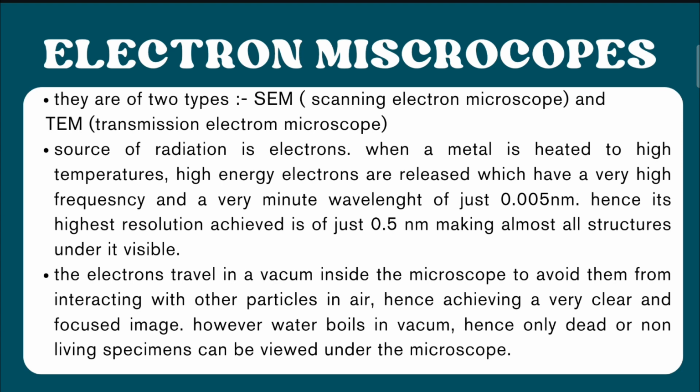Imagine we were using light microscopes, and the light microscope's maximum resolution was 200 nanometers. Over here, it's just 0.5 nanometers. Alright, that's 400 times more than the resolution that was achieved through a light microscope. So this is very helpful when you're viewing details, and almost every other organelle that is present inside a cell can be seen through an electron microscope.